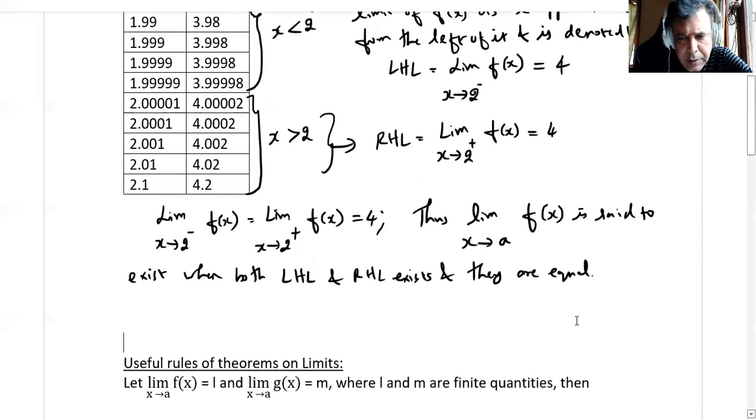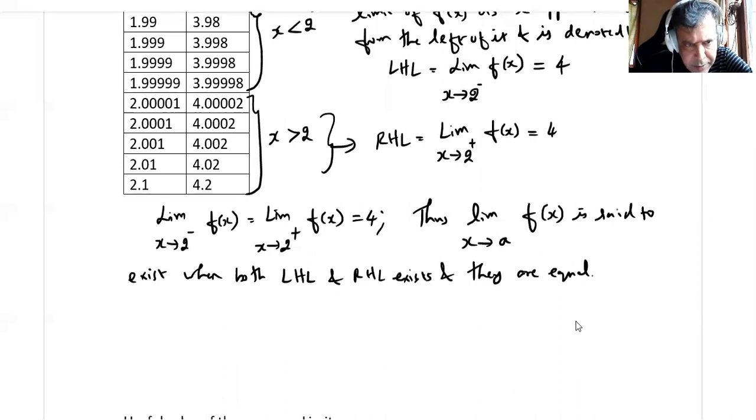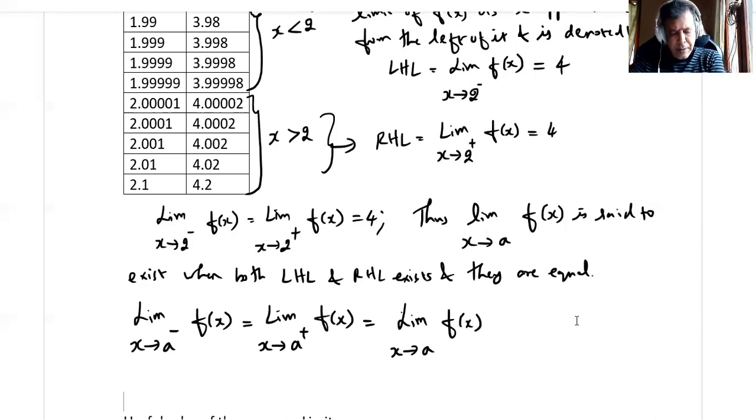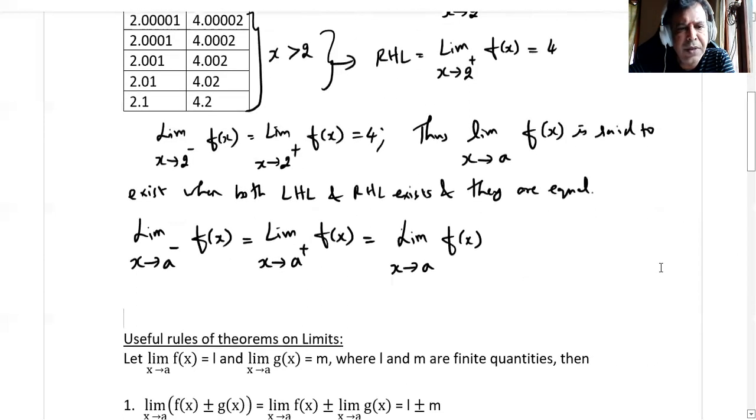So we write it as limit x tends to a from its left side of f of x is the same as limit x tends to a from its right side of f of x, and that we call the limit x tends to a of f of x.